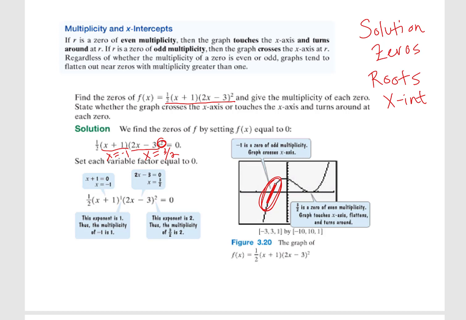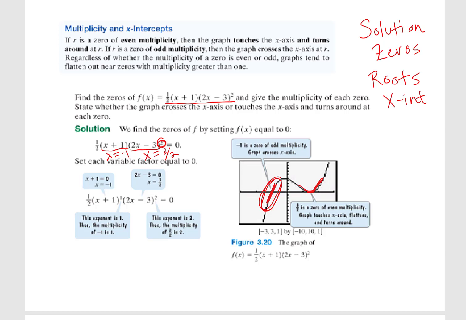And then we say, even Stephen came to town, but then he decided to turn around. So 3/2 has a multiplicity of 2, which is even. So we know on the x-axis at 3/2, the graph is going to touch and turn around.